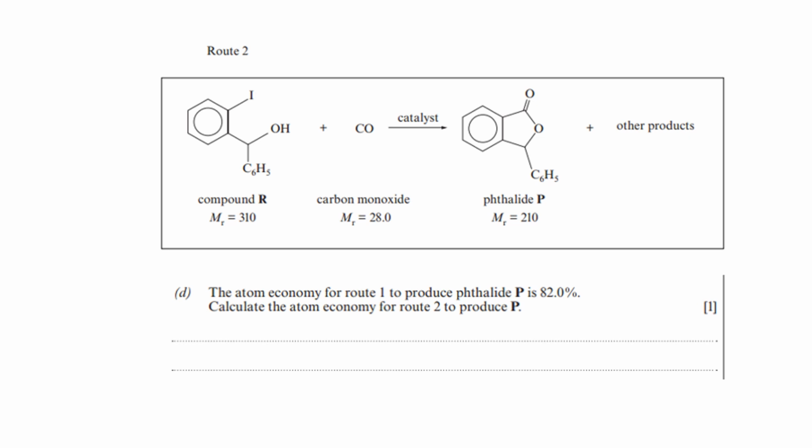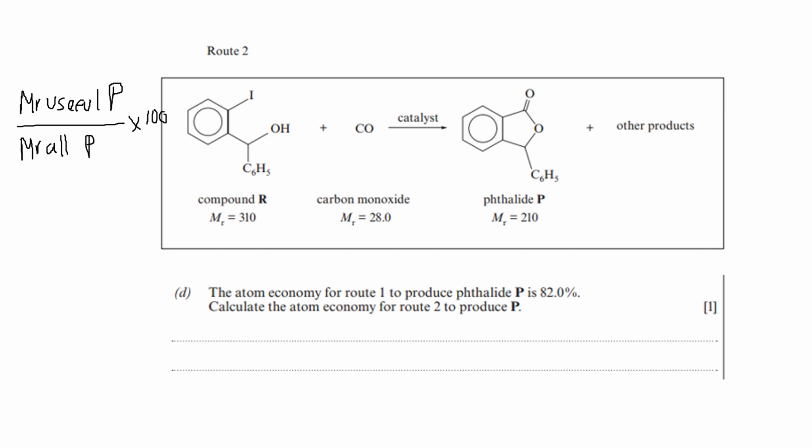The next question is about atom economy. Atom economy is calculated by the molecular mass, the MR, of the useful product, divided by the MR of all the products. And then it's times by 100.